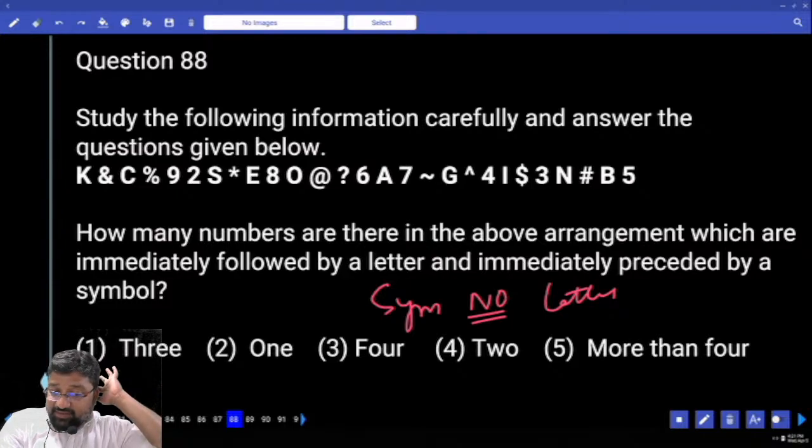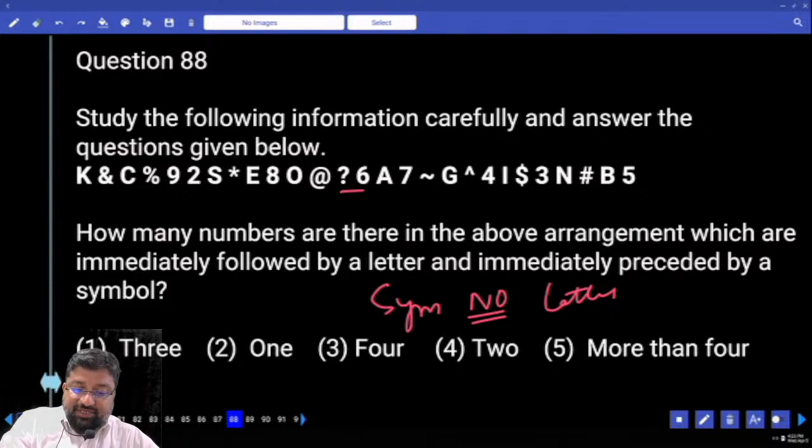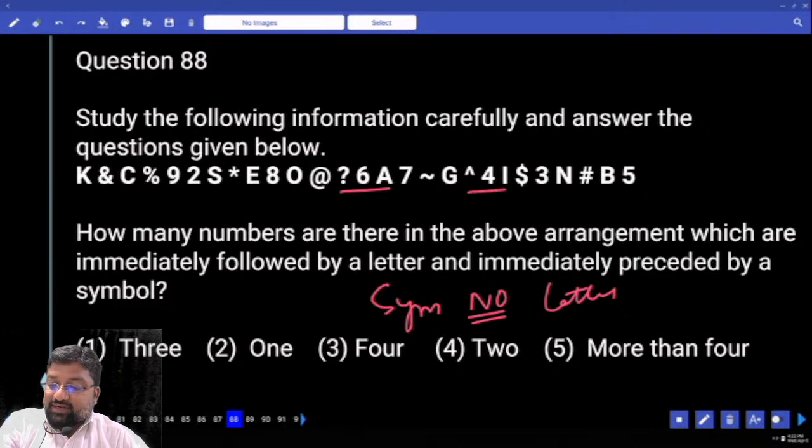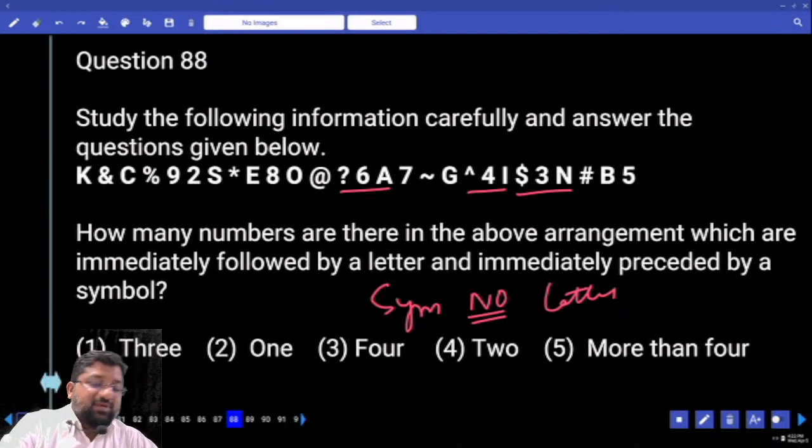Let's go, 6A. Symbol, number, letter. Correct, right? Next, symbol, number. 4I. Symbol, number, letter. Next. Symbol, number, letter. $3N. Any other than this? No. How many did I get? 3. Option.